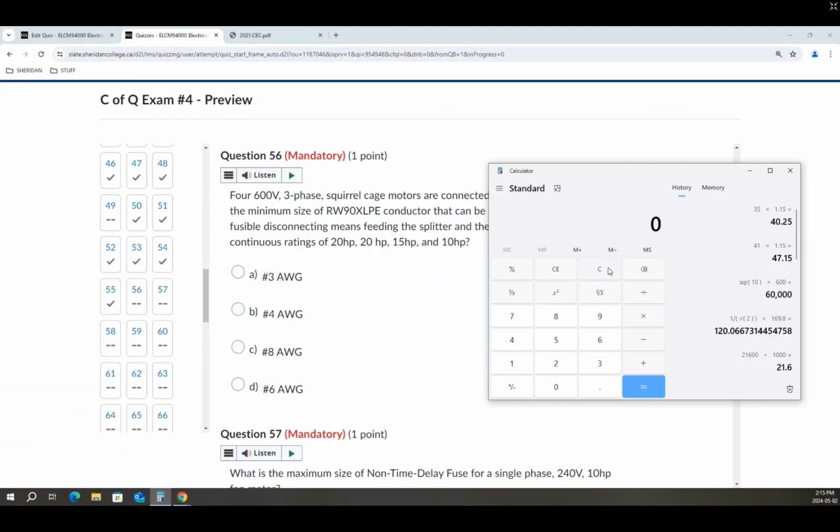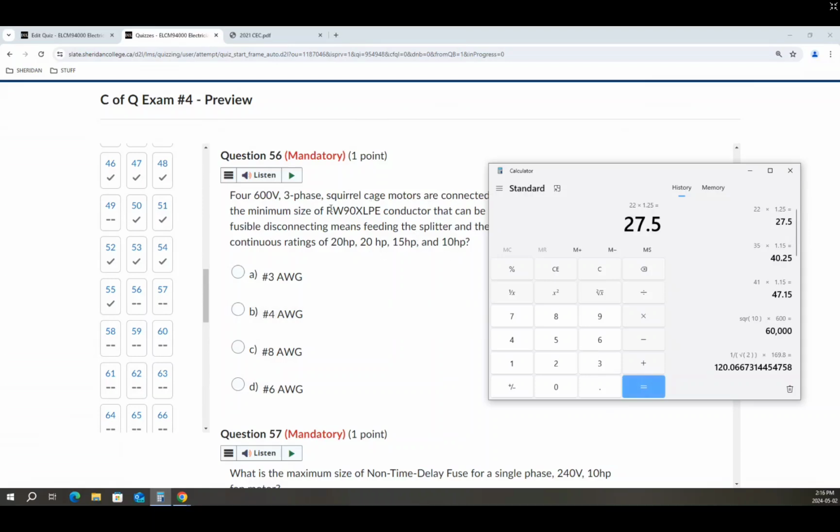I'm going to go 22 amps times 1.25 equals.